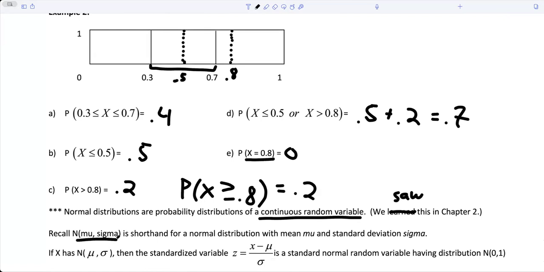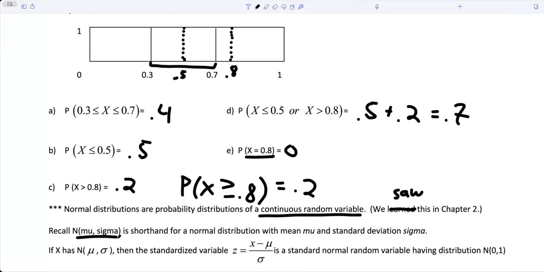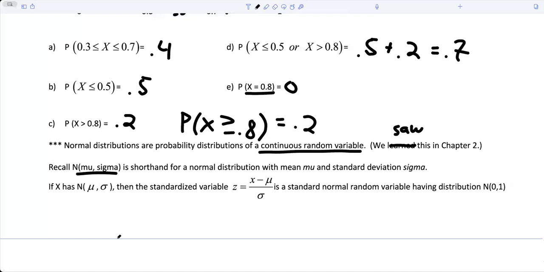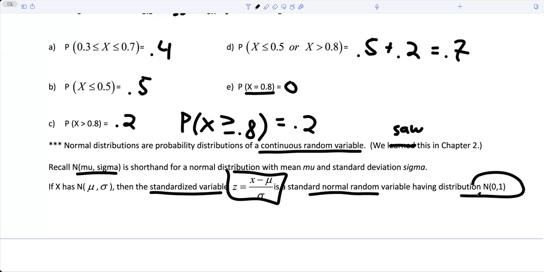It is shorthand for a normal distribution with mean mu and standard deviation sigma. If X has a normal distribution of mu and sigma, then the standardized variable, remember that, it's called a z-score, is X minus mu over the standard deviation, and the standard normal variable has the distribution with a mean of 0 and a standard deviation of 1.